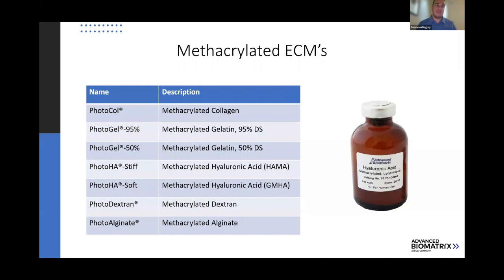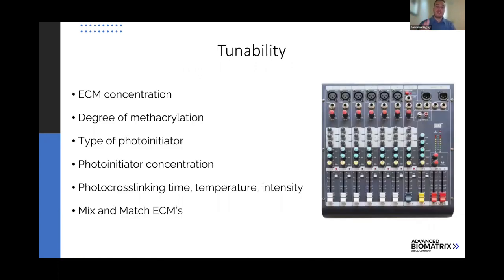And they're being widely used for extrusion printing, inkjet, DLP printing, molds, basic 3D hydrogels, tissue models, all sorts of things. So it's a lot of fun. Now, let's talk about the tunability and how these materials are so tunable. The first one I'll talk about is the concentration of the protein or sugar.